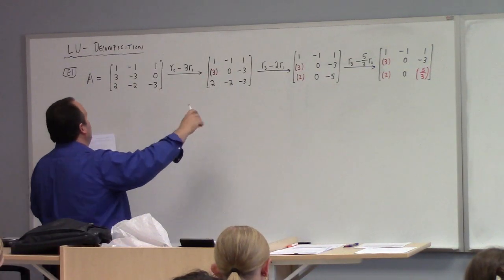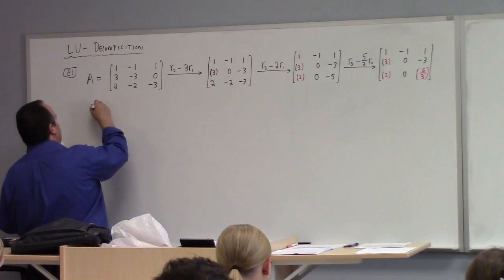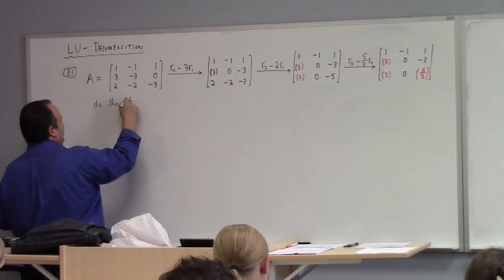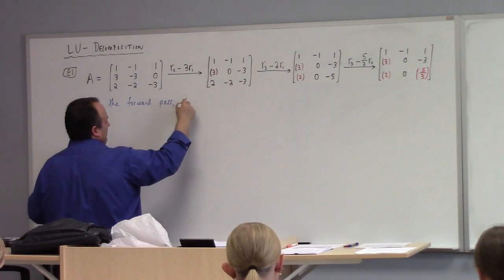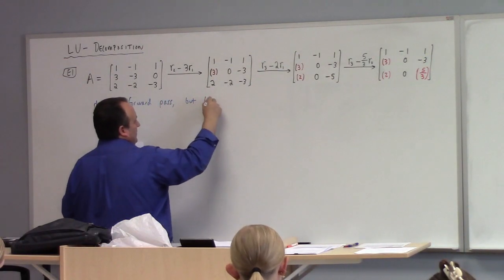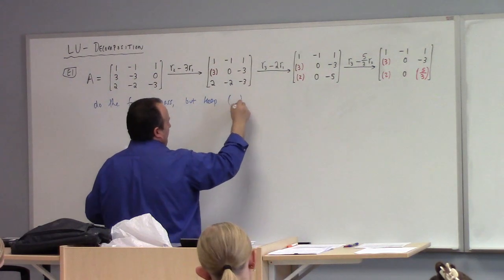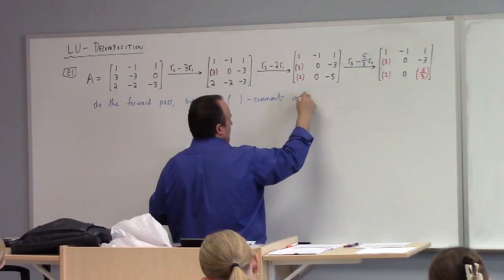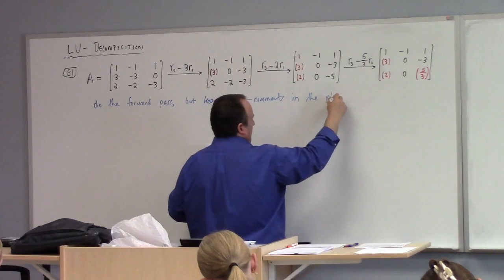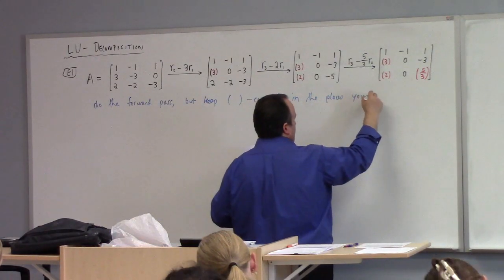All right, so here's the deal. Basically, just to recap, we do the forward pass. All right? But keep parentheses comments in the places you ought to have zeros, right?